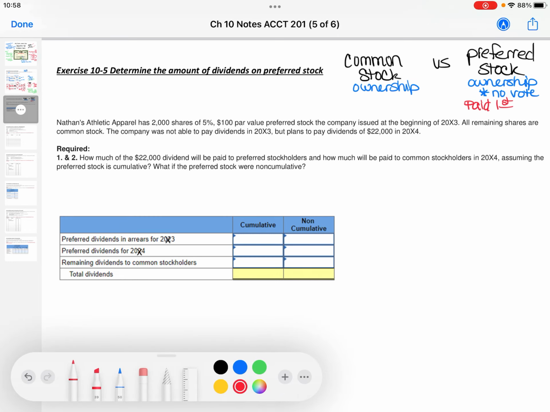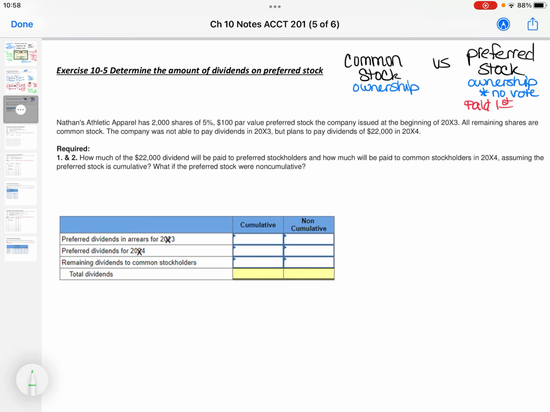All right, so here's what I have for this company. Nathan's Athletic Apparel, they have 2,000 shares of 5% $100 par preferred stock. So the thing about preferred stock, and I didn't write this down, I'm sorry, is that they often have, and I'm going to put this in quotes, a promised dividend.